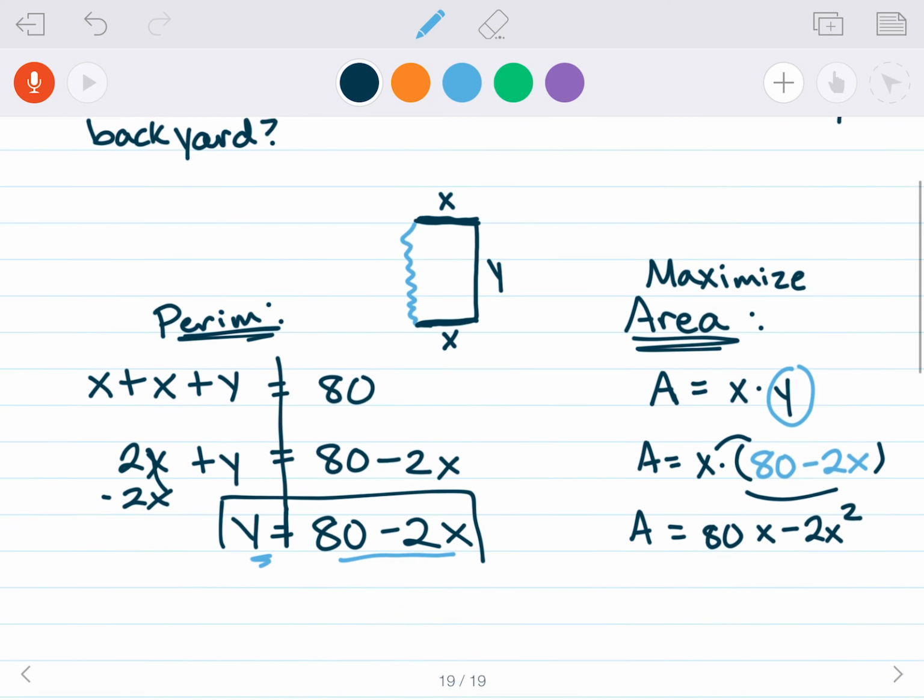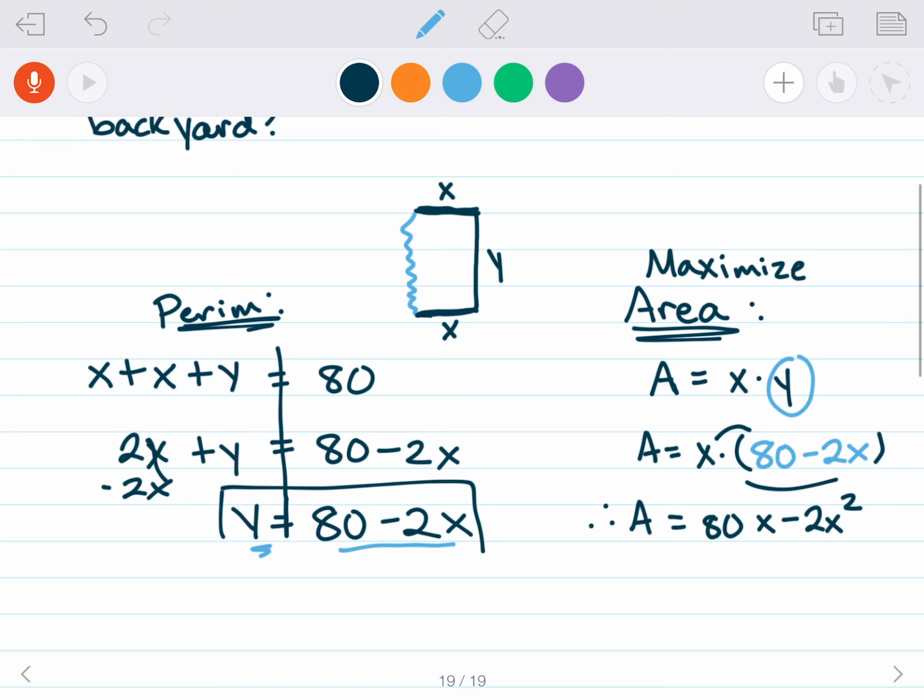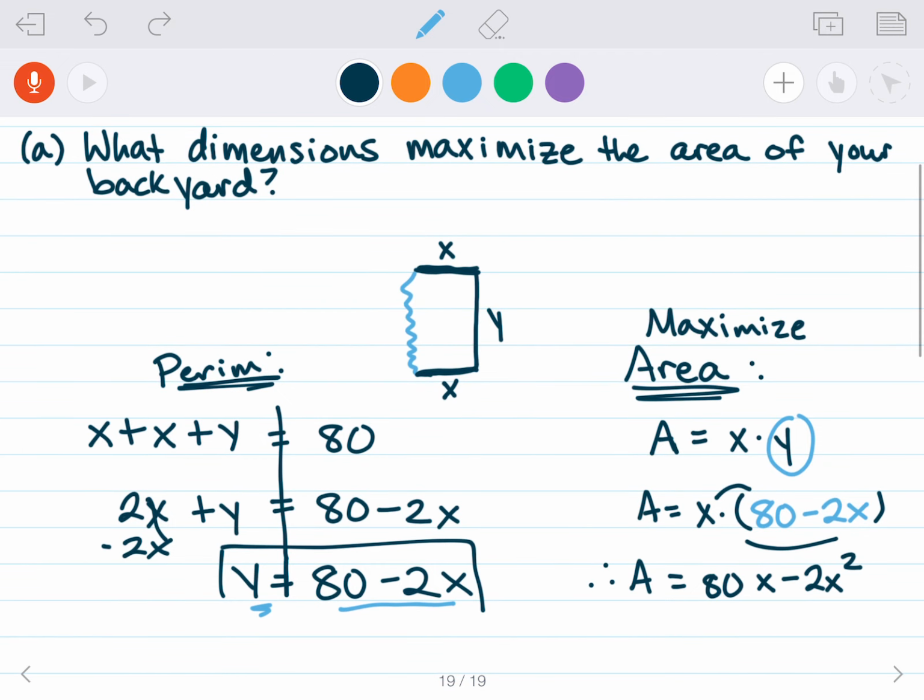Well, this is kind of cool, right? Because this is the area, right? So if I plug in an x value, a dimension for this fence, I get out a corresponding area. And the question is, what do the dimensions need to be to maximize this area? All right.